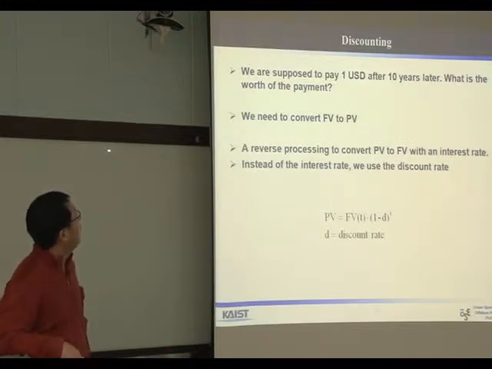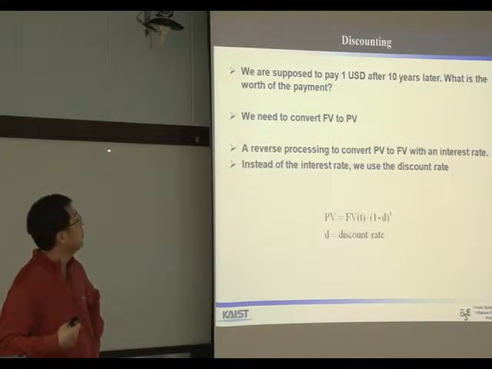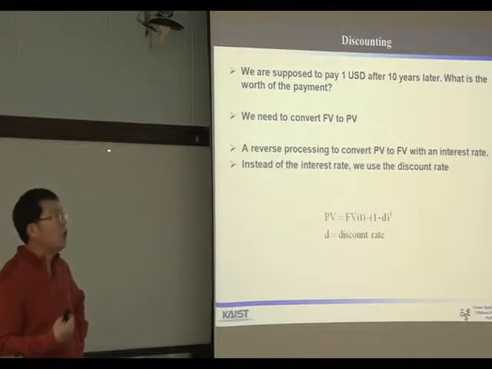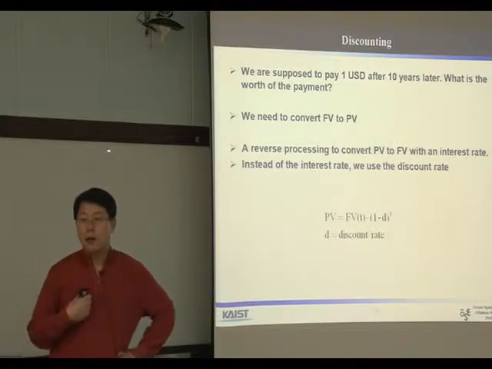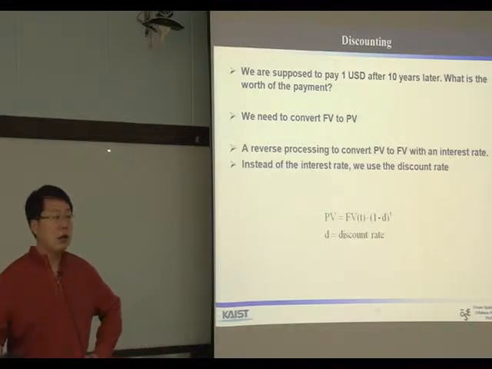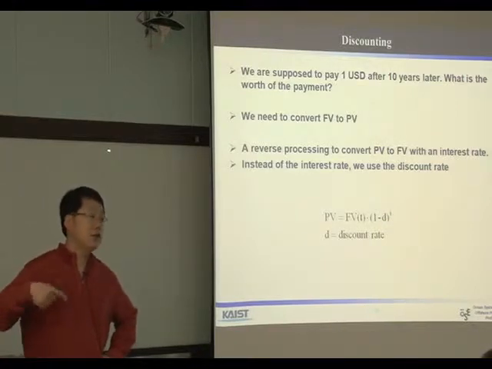Discounting is that, what we are supposed to pay, $1 after 10 years later. What is the worth of the payment? Can you understand this question? For example, I promised Jungon that I will give you $1 10 years later.